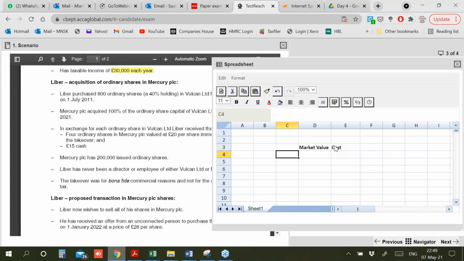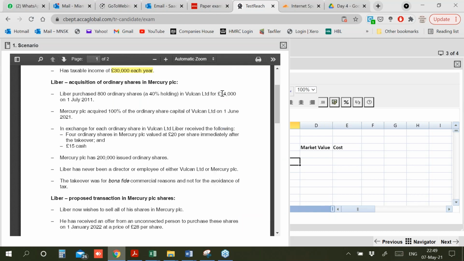Now we have to calculate the cost of shares and the cash. First of all, you have to check the cost of the old shares that she has bought. It is 14,000. You should remember that it is the 14,000 that you have to split between two.